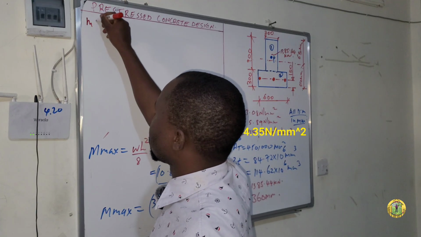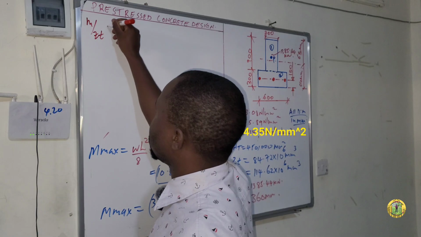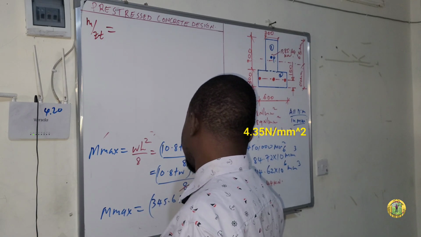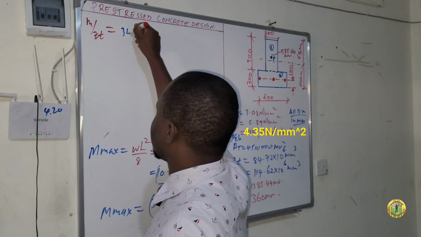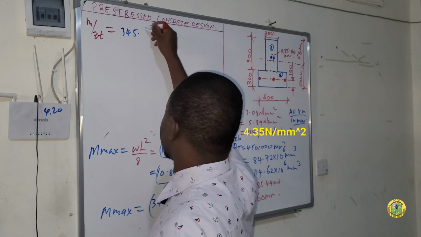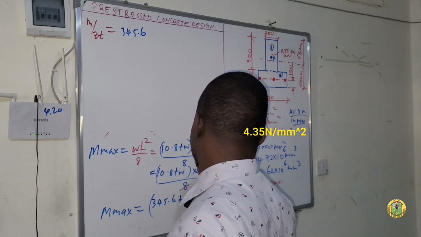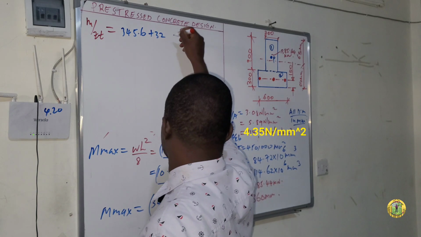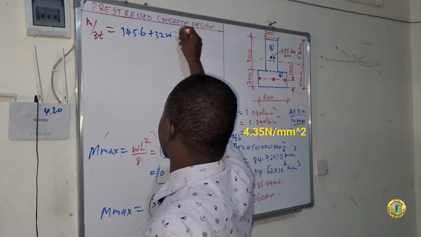So M over Z top is equal to our M here, 345.6 plus 32W.